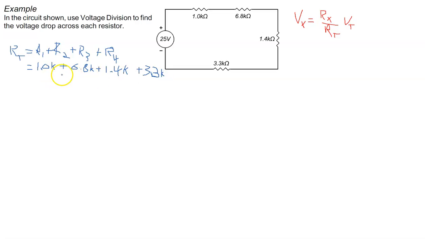So we have the sum of 1K, 6.8K, 1.4K, 3.3K, and so RT now comes out to be 12.5K ohms.